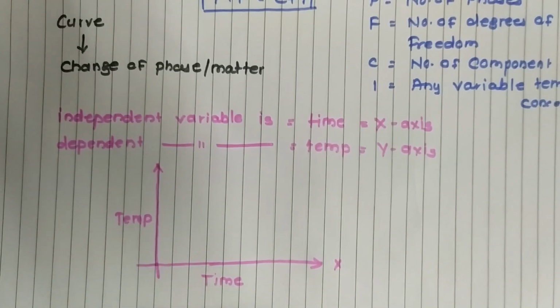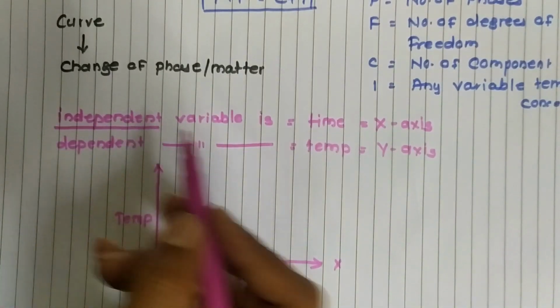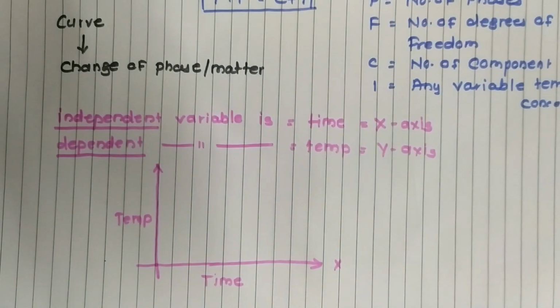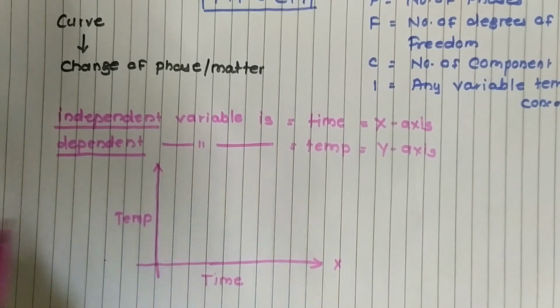So these are the two axes. X-axis indicates the time and y-axis indicates the temperature. Time is the independent quantity while temperature is the dependent quantity. Now if we plot the curve, we will plot the curve like this.